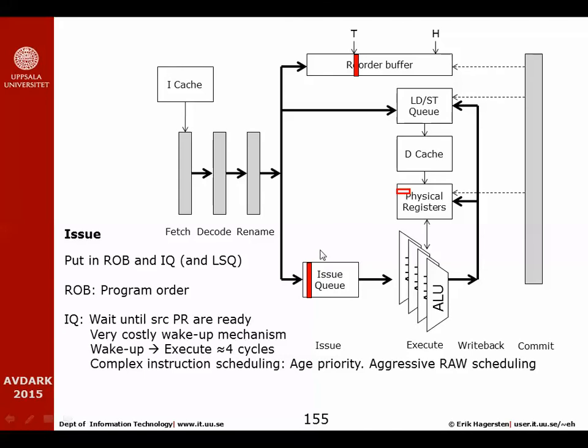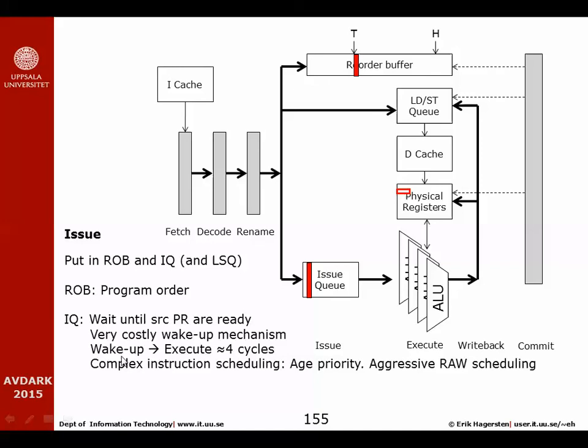If many instructions wake up in the same cycle, the scheduler has to decide which instructions to execute next, and that of course depends on which execution units are available. But it could also depend on other things, for example, age. So typically you prioritize the oldest instruction that's been waiting the longest to be executed first if you have a choice.